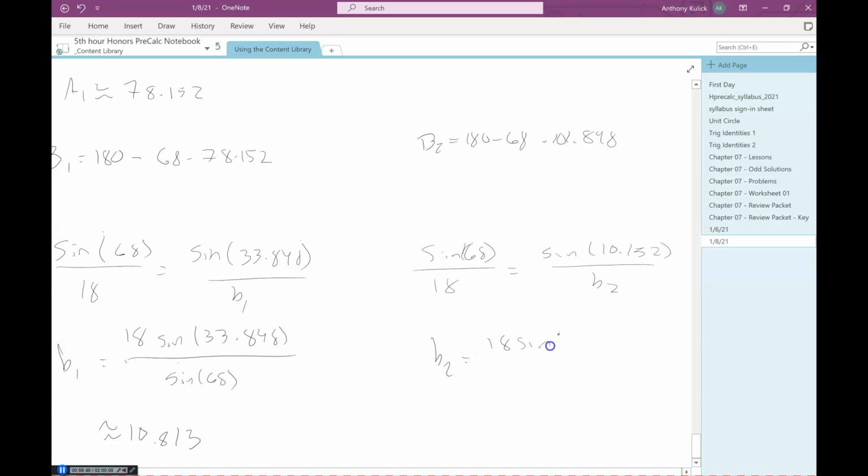So 18 sine 10.152 over sine 68, which is about 3.422.